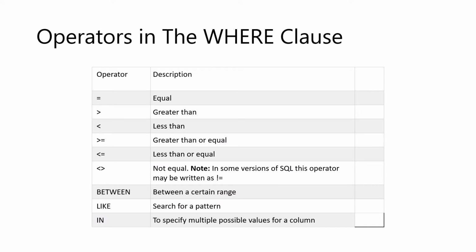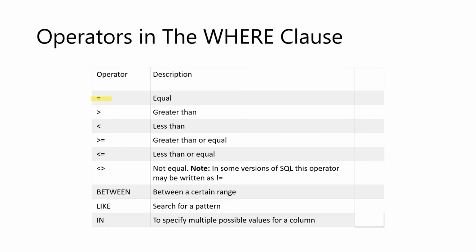As the equal to operator is used in the previous slide, we can use other operators as well. The equal to operator is used inside the WHERE clause to perform an equal condition comparison. Other operators can also be used inside the WHERE clause.